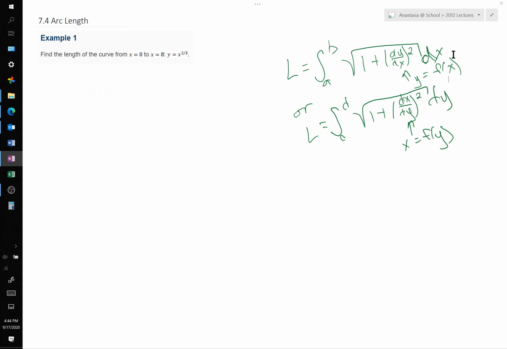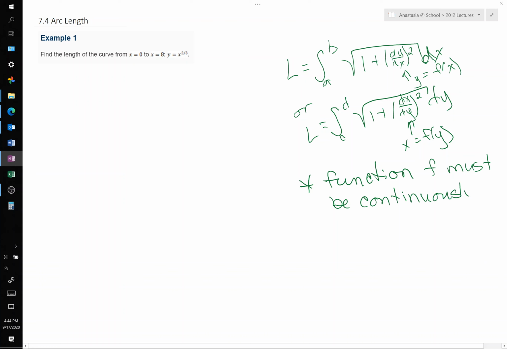Now, sometimes you can choose to use either variable that you want, whichever one is easier, but you have to remember that your function f, and this is either the f of y or the f of x, must be continuously differentiable.